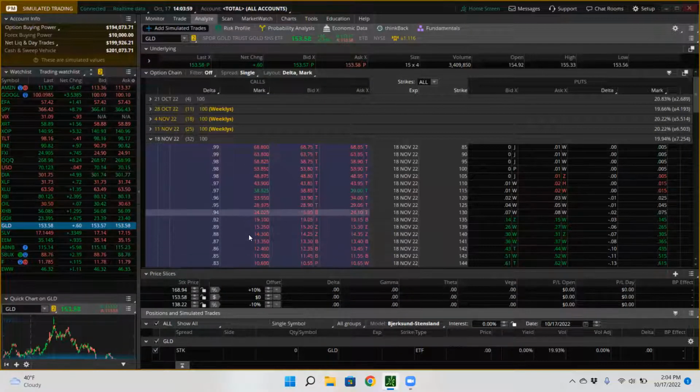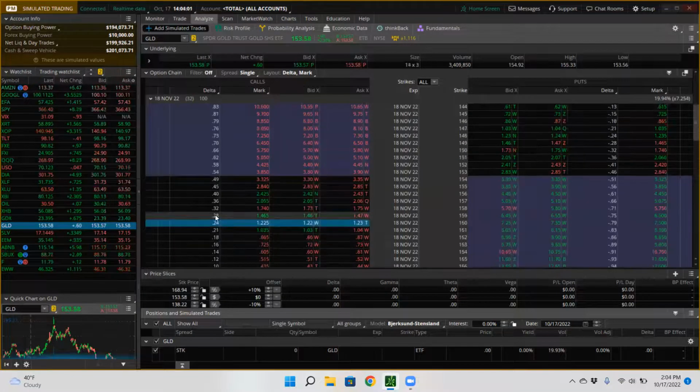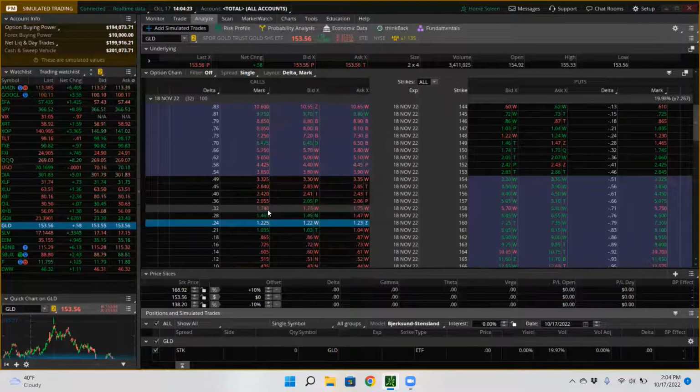If we look at something that's just out of the money here, we've got a 0.28, or a 28 delta. As we move closer to the money, this contract is 1.46. If we add the 0.28, or 28 cents, to that, there's a roughly 28-cent increase in this contract as we move closer to the money.